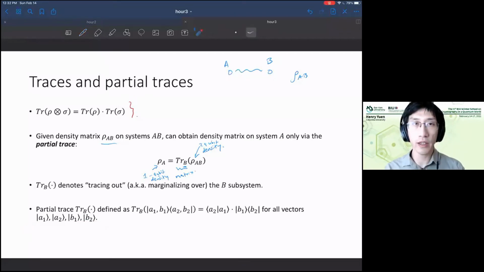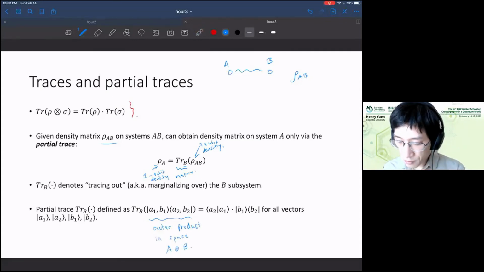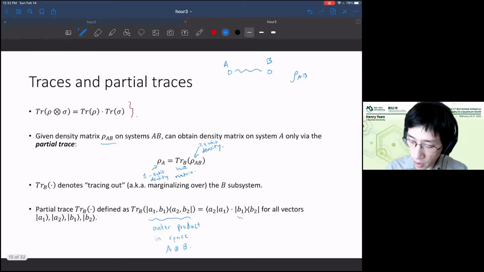A1 and A2 are states in the system A. B1 and B2 are states of system B. Then if we have this outer product, so this is not necessarily a density matrix, but it's some matrix in the tensor product space AB. When you take the partial trace, you're left with a matrix.